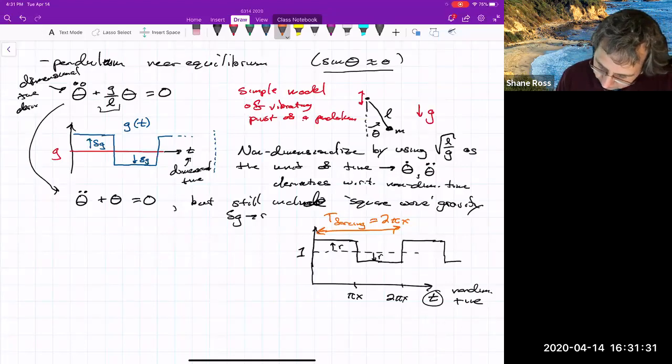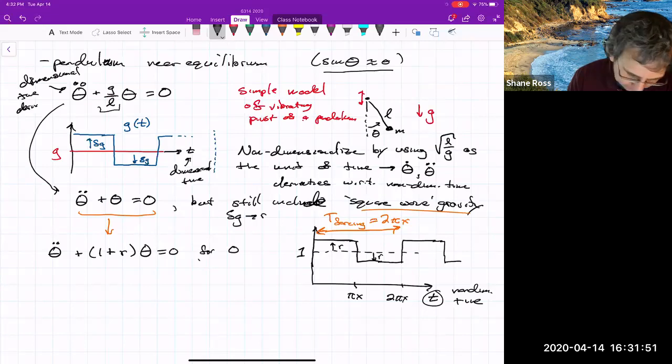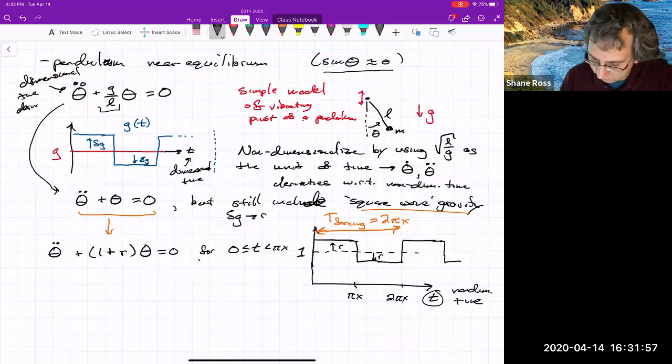So including the square wave gravity, this thing becomes actually 2 equations. This is theta double dot plus the slightly increased gravity. And so that is for time greater than 0 and less than half the forcing, or pi x.